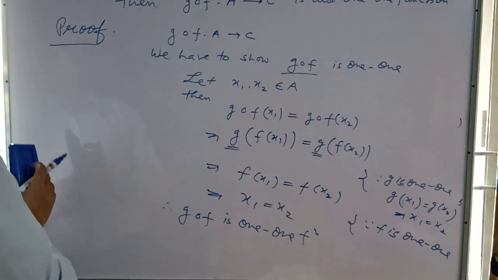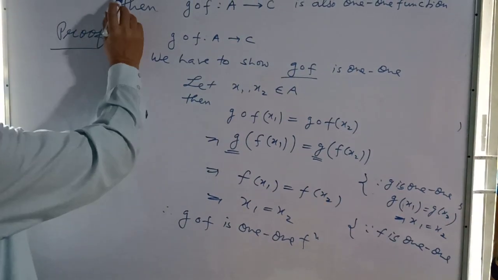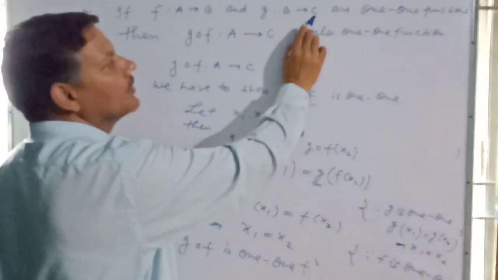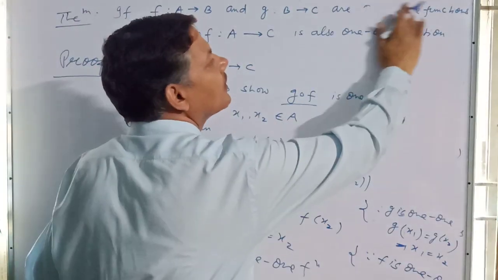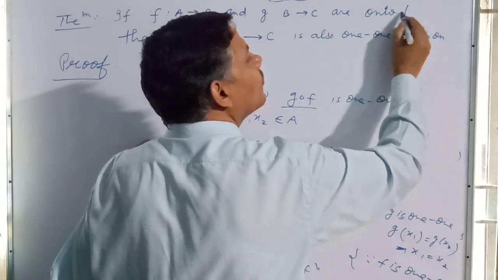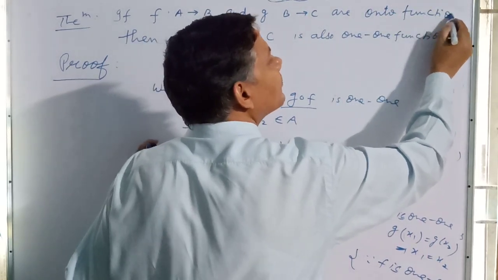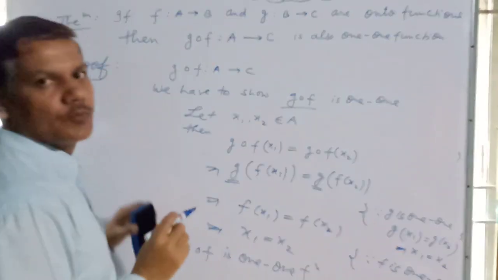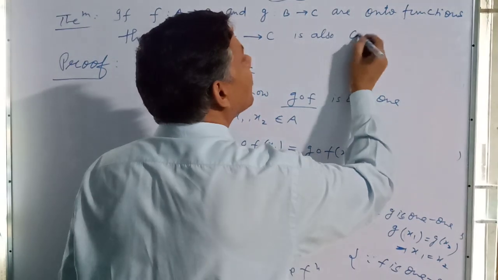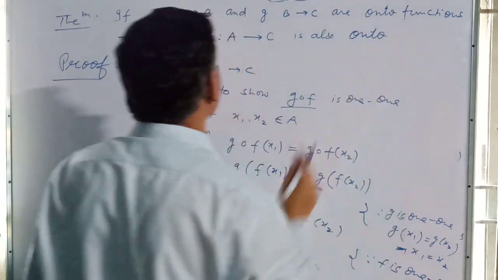Next one, again taking another theorem: if f is a function from A to B and g is a function from B to C are both onto functions, then we are required to prove f composition g is also onto.